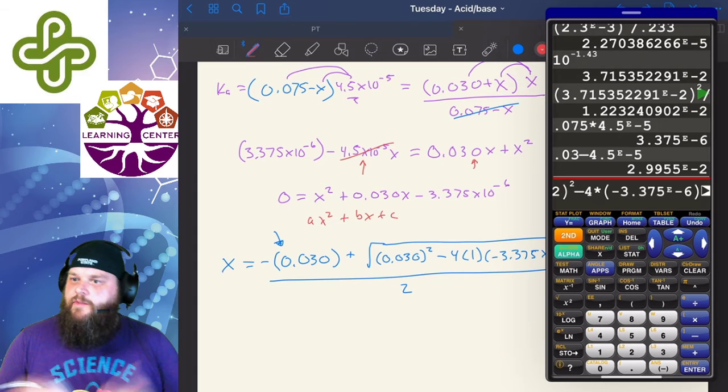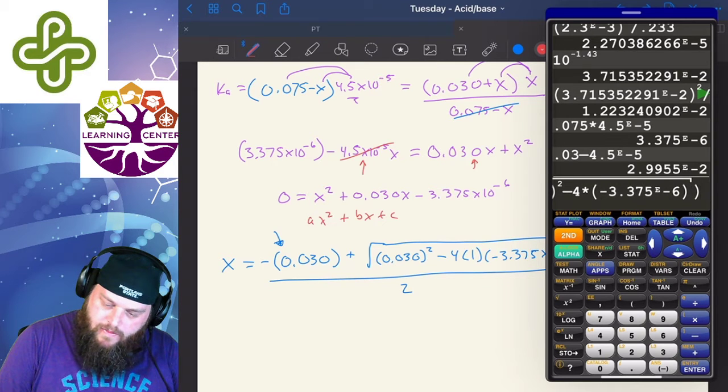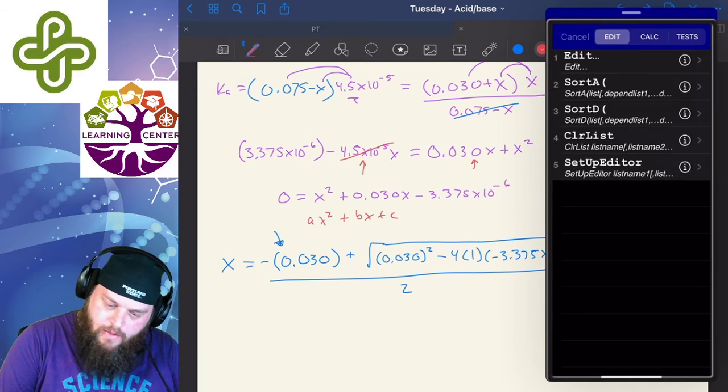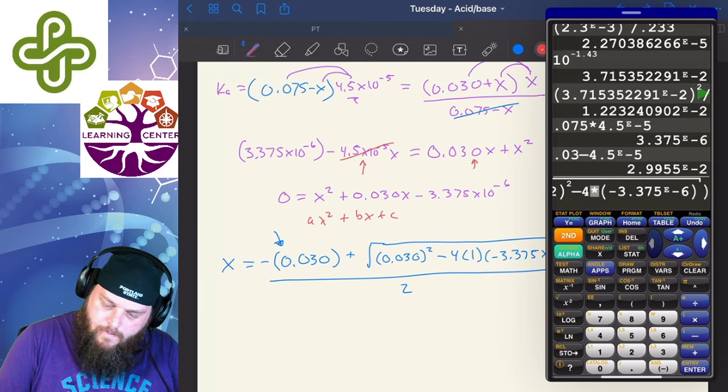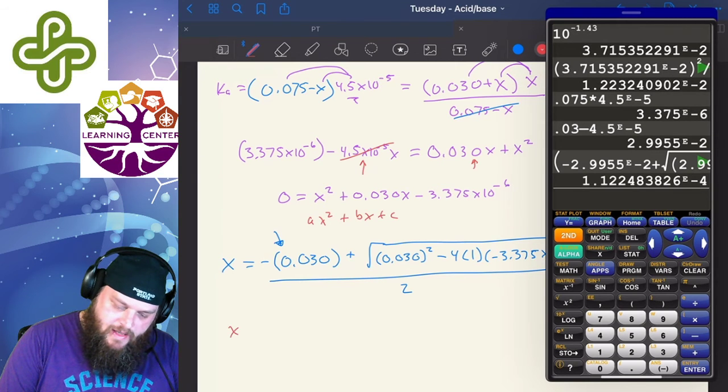By having them all saved in my calculator, I can just go back and select them really easily. I like that. And at the end, I think I have to put a parenthesis at the beginning to make sure I am dividing everything by 2. There we are. So x is equal to 1.12 times 10 to the negative 4.